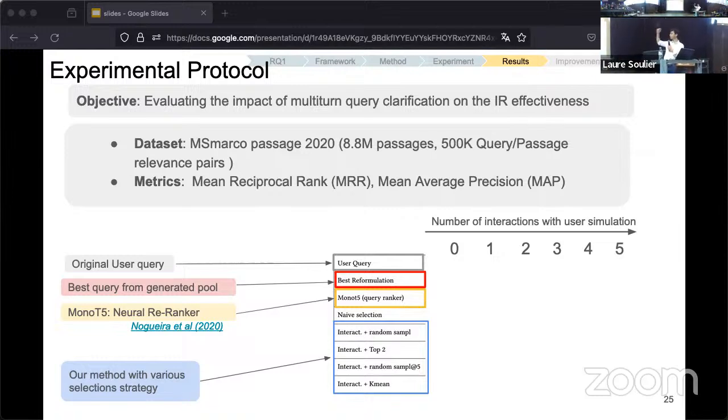We compared ourselves against the user query and also an Oracle model that always selects the best reformulation from the generated pool of queries. We also compared ourselves against MonoT5, which was the state-of-the-art model at re-ranking passages at the time, and we implemented various strategies along with our model.